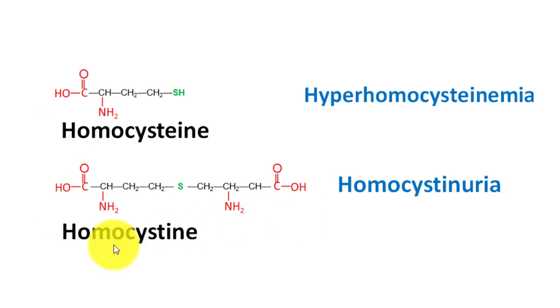This appears in urine, and that is why it is homocystinuria. And homocysteine is measured in blood, and this is homocysteinemia, hyperhomocysteinemia. The spelling is different, and with the spelling the molecule is also different. One is a monomer, the other is a dimer.